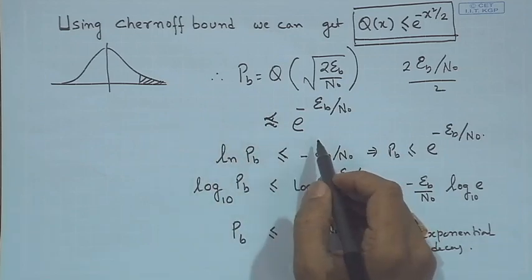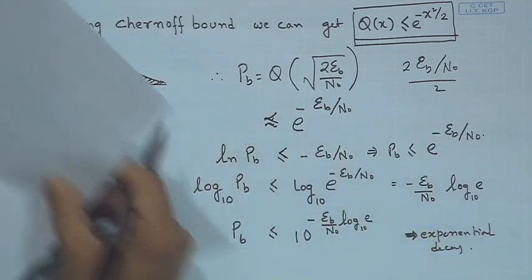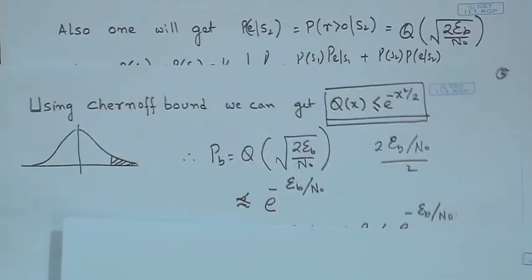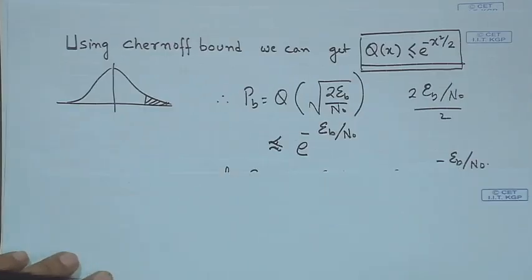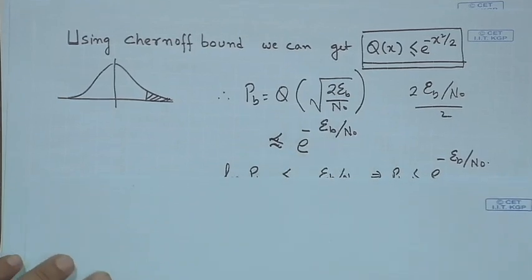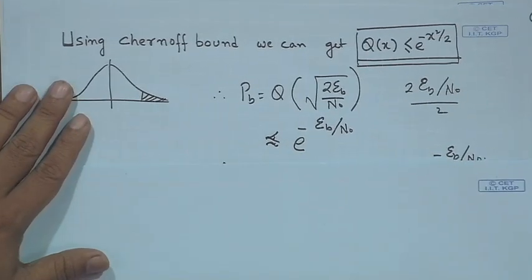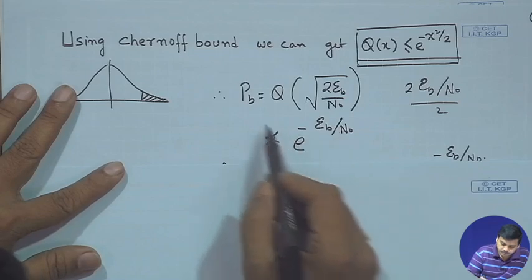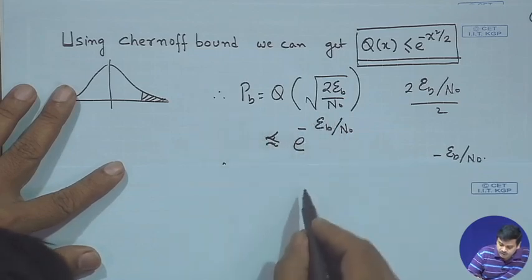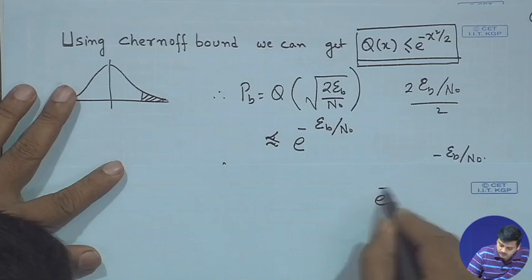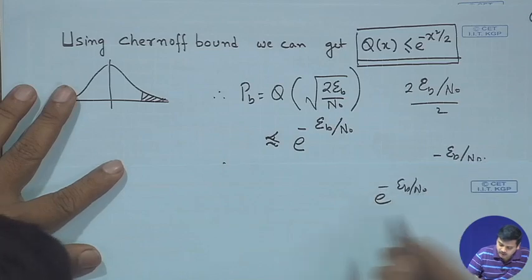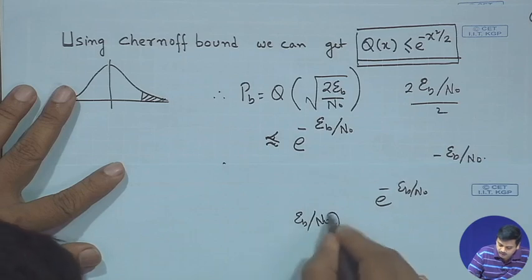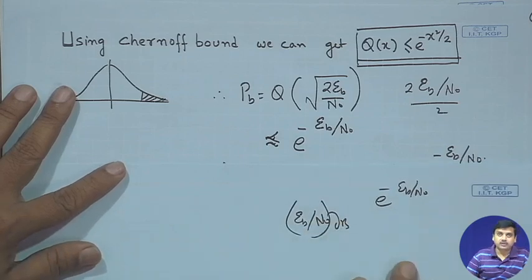So far we have this expression, and what might be of interest to you at a certain point is how this particular function looks. So, what you can do is actually take log of this. Instead of plotting e to the power of minus E b by n naught, sometimes we are interested in E b by n naught given in dB scale.